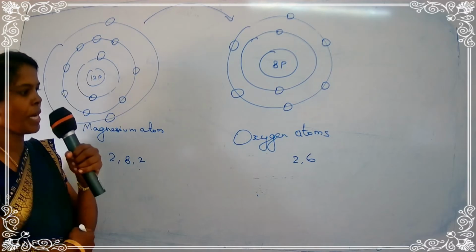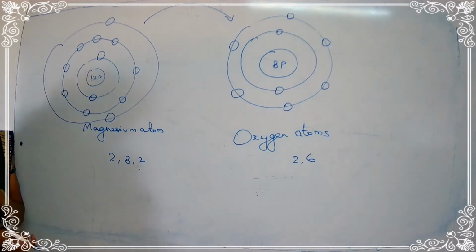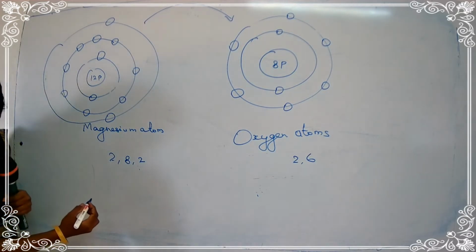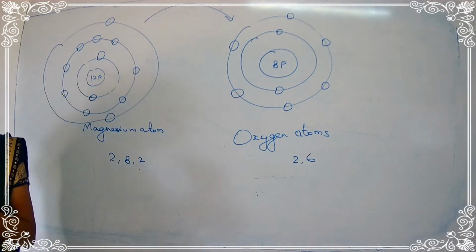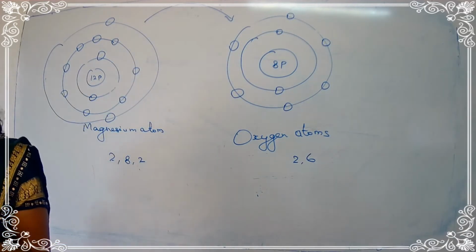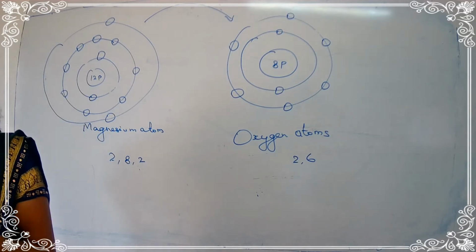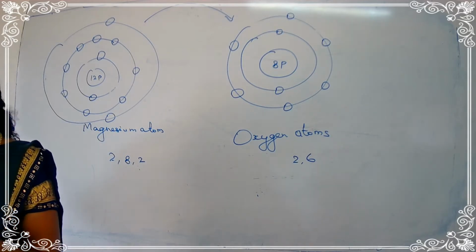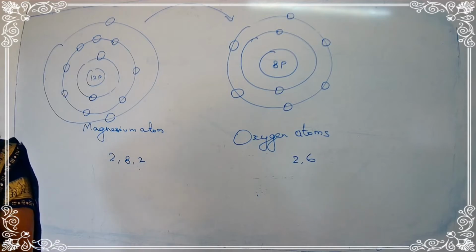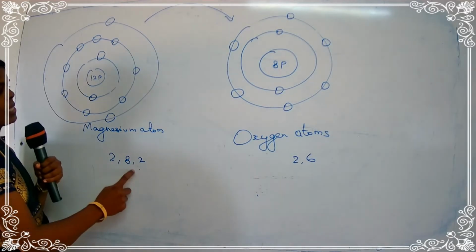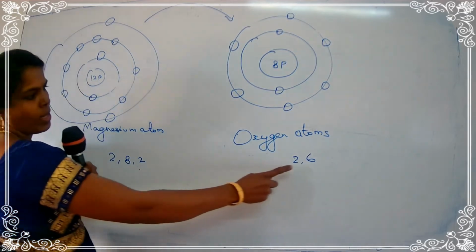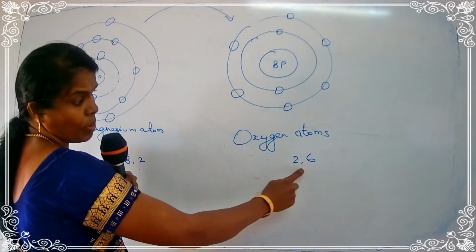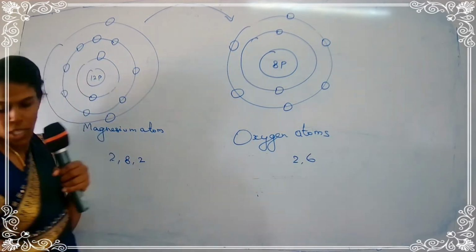Now again we have to draw 2 electrons from the third shell of the magnesium transferred to the oxygen. So now it becomes 10.